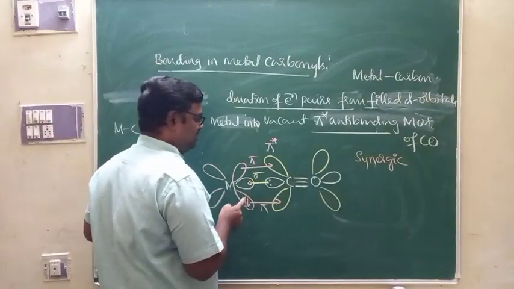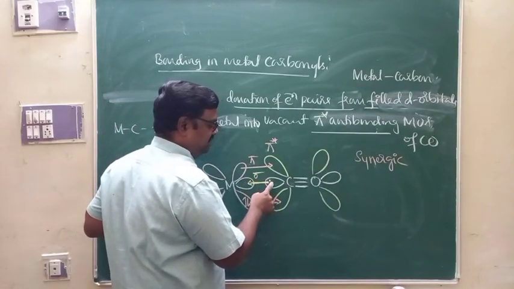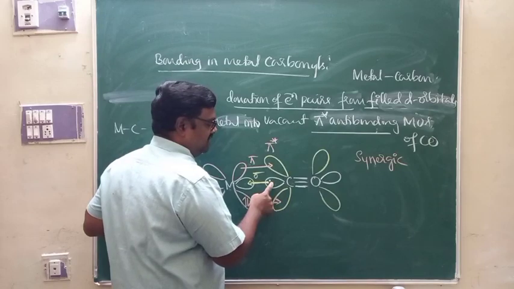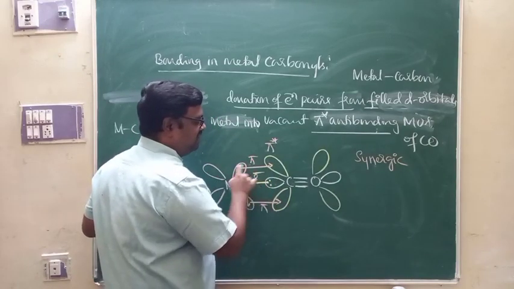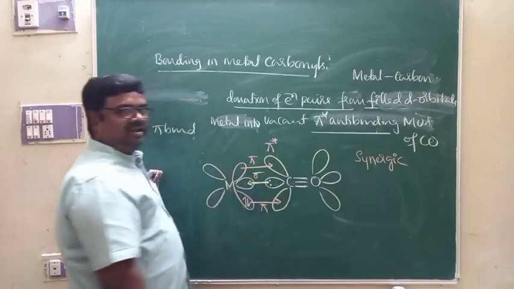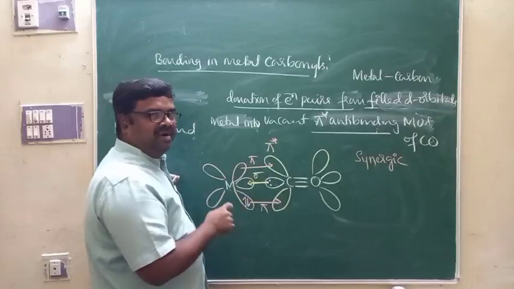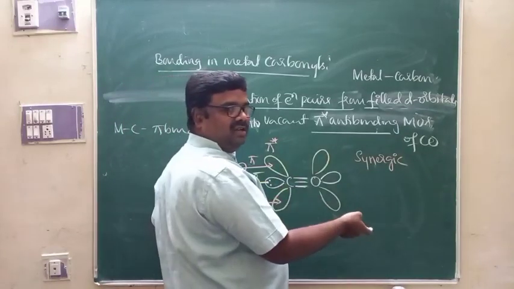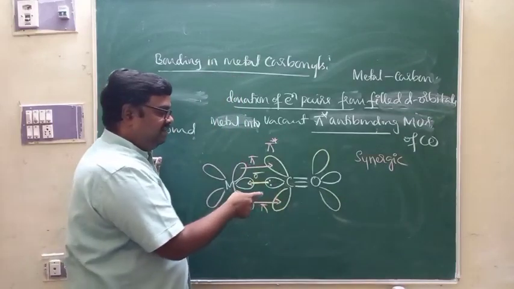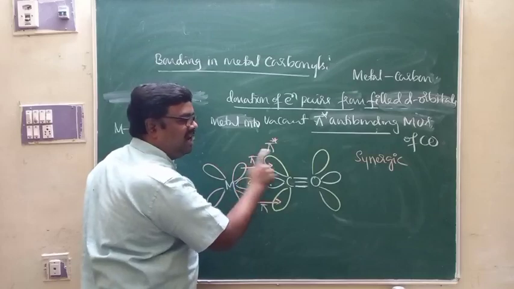Therefore, the effect of sigma bond formation strengthens pi bond. The effect of pi bond formation strengthens sigma bond. The effect of formation of one bond strengthens the other bond. What I said? The effect of formation of sigma bond strengthens pi bond and vice versa.